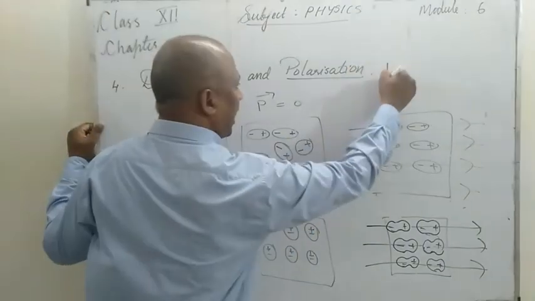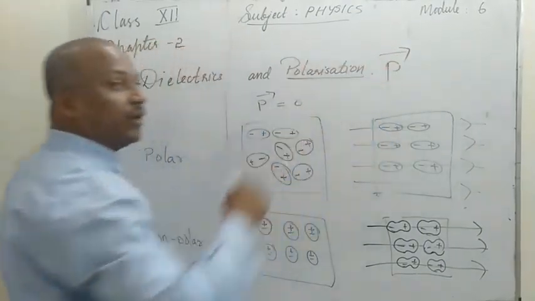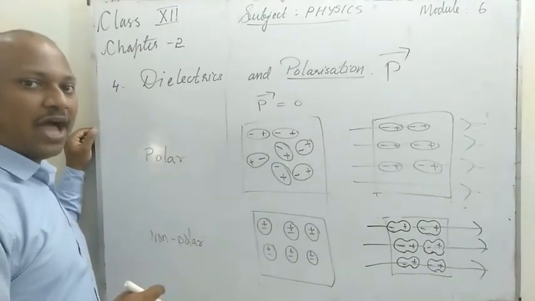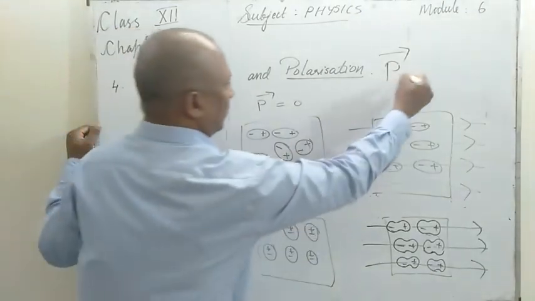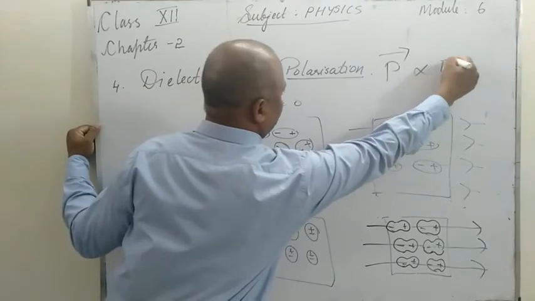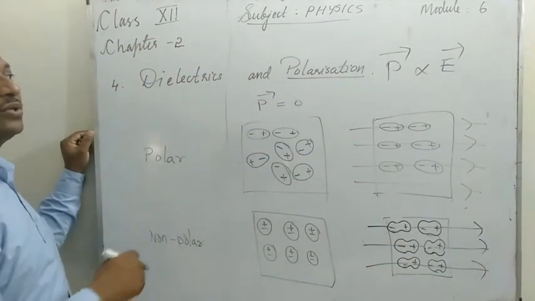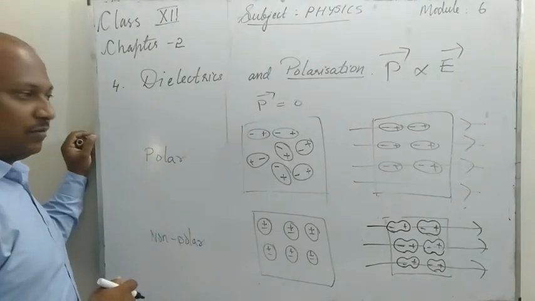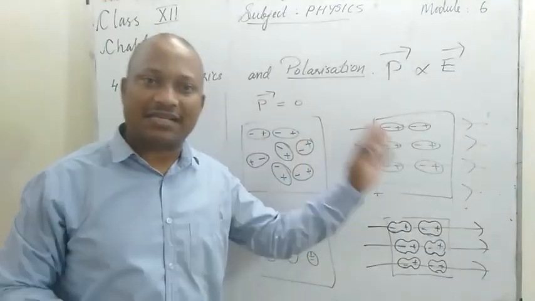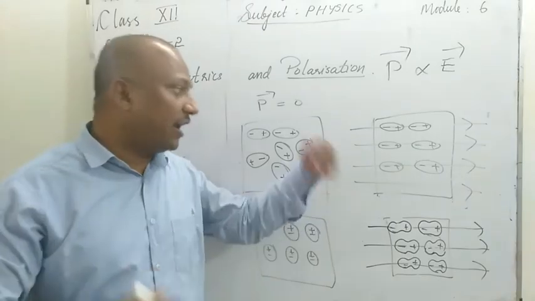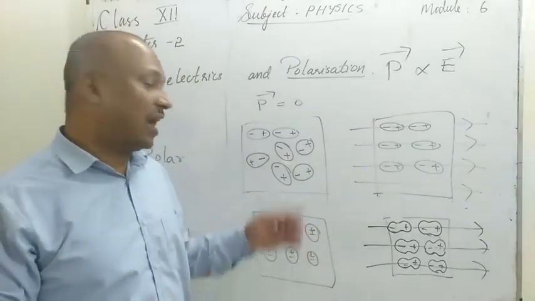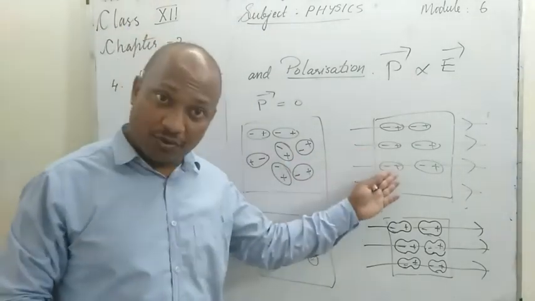The dipole moment per unit volume is directly proportional to the electric field intensity, because the greater the external electric field, the greater will be the chance of aligning of the dipoles or induction of new dipoles.